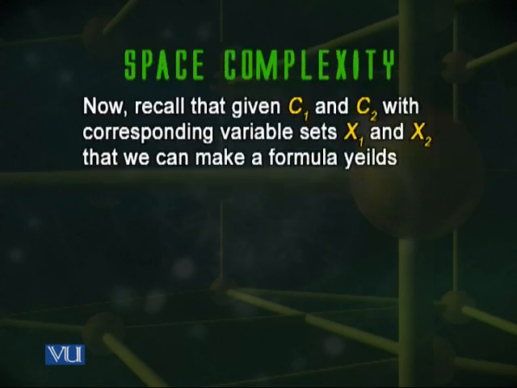Now, recall that suppose we are given two configurations C1 and C2. So we're given a configuration C1 of this Turing machine, and we're given another configuration C2 of this Turing machine. This configuration was represented by some set of variables x1, and the other configuration is represented by some set of variables x2.